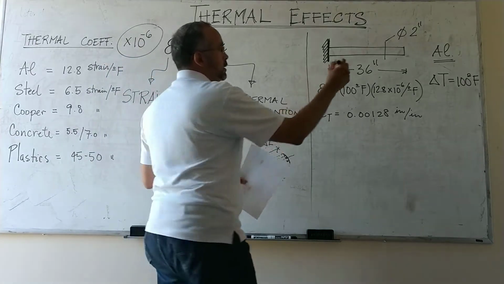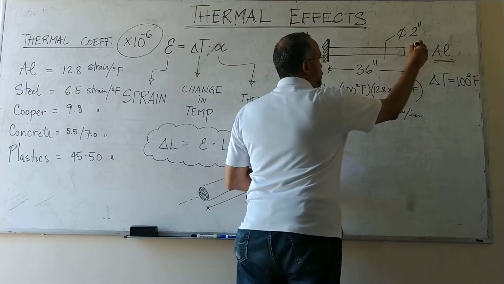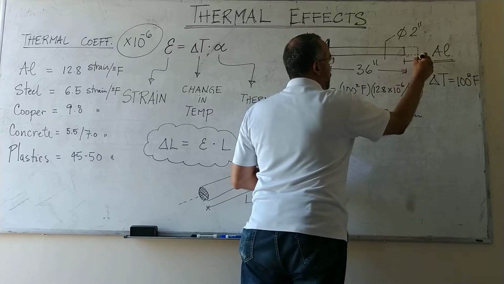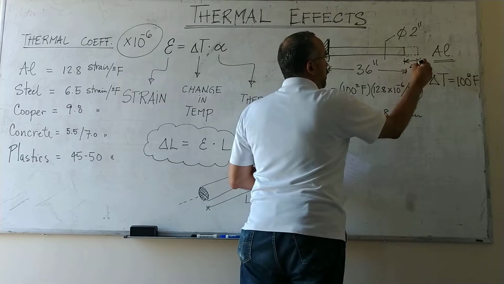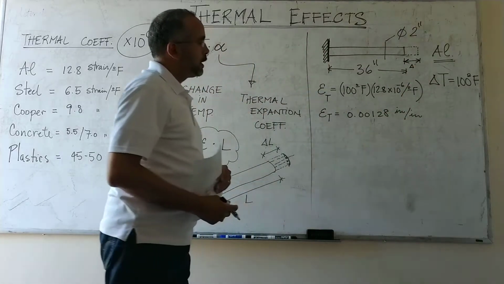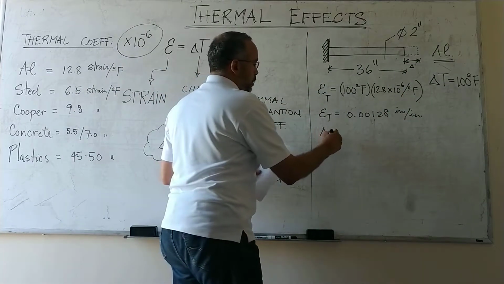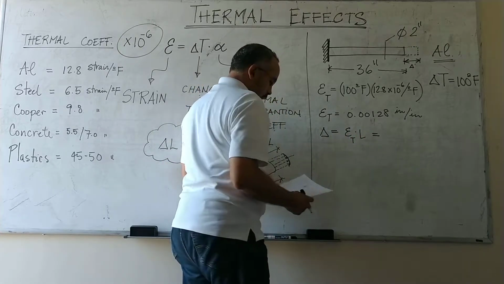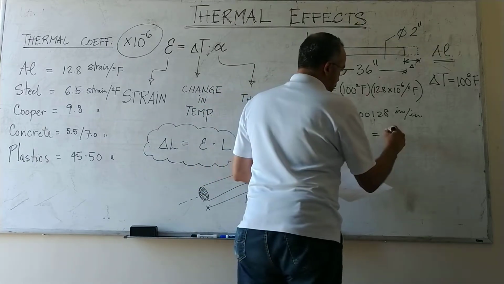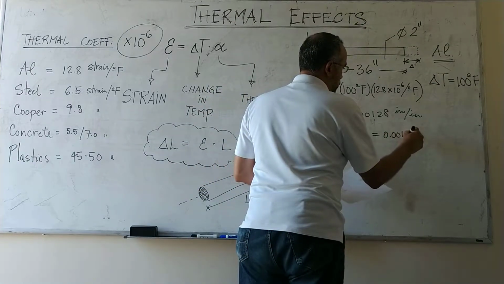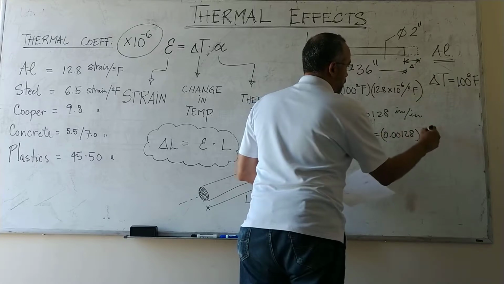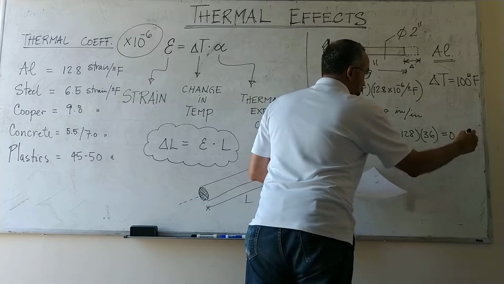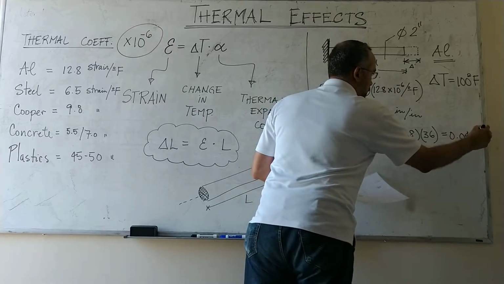And so this means that the total thermal expansion at this end, due to a positive change in temperature of 100 degrees, is going to be strain times length equals 0.00128 times 36 inches, and that's going to be 0.046 inches.